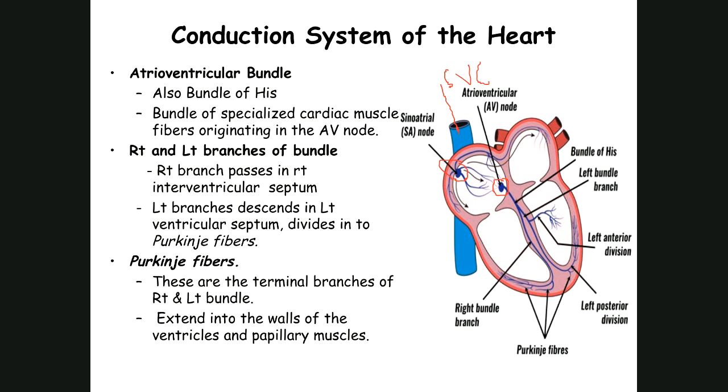The left bundle branch descends in the ventricular septum, and these bundles give smaller branches. They are called Purkinje fibers. So this is clear here.